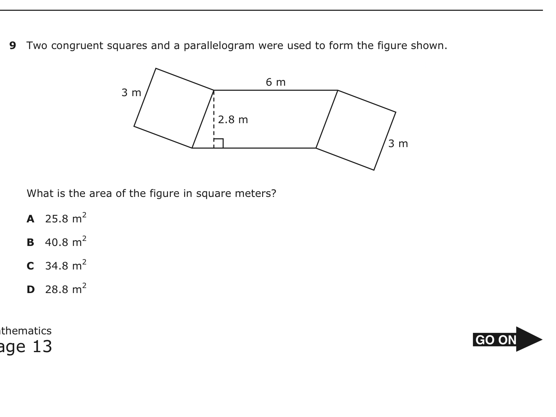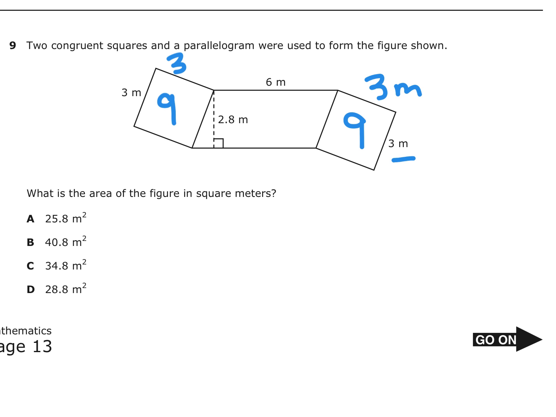Okay, problem number 9. Two congruent squares and a parallelogram were used to form the figure shown. What is the area of the figure in square meters? So we need to find the area for the squares. So this square is 3 meters by 3. 3 times 3, that would be 9. And since these are congruent squares, this is also 3 by 3.